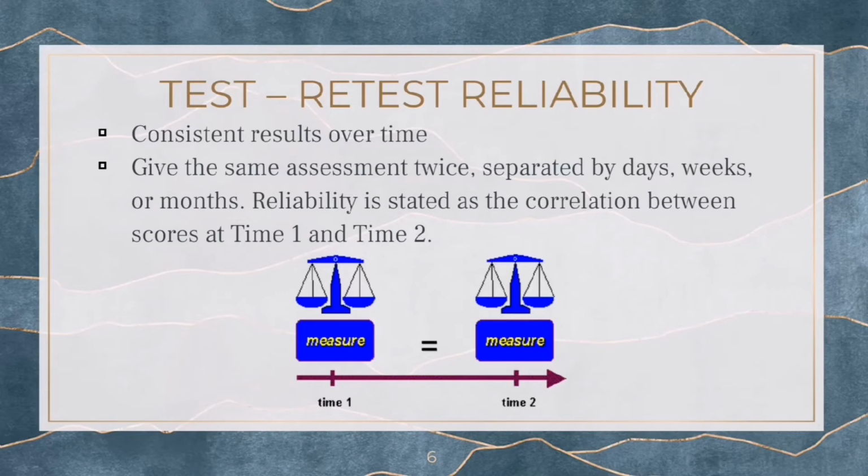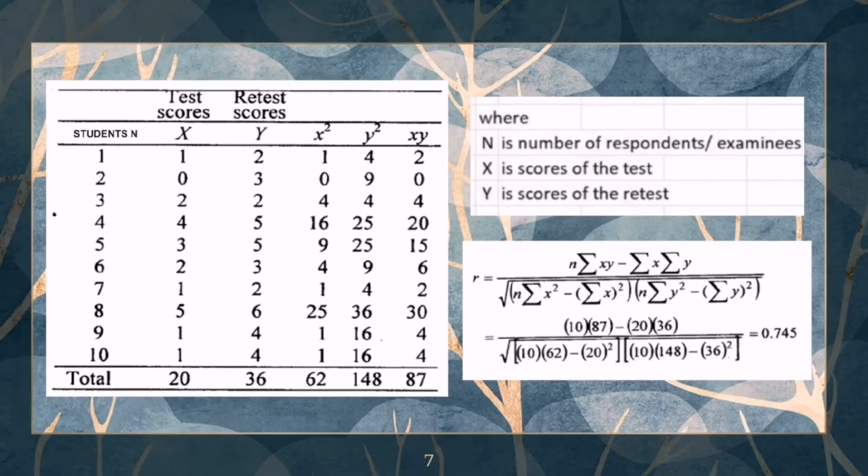So, in test-retest reliability, ginagamitan siya ng statistical measurement which is yung correlation coefficient or Pearson r. As you can see on the screen, meron dyang table and formula to measure the test-retest reliability.